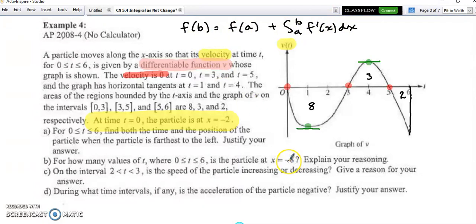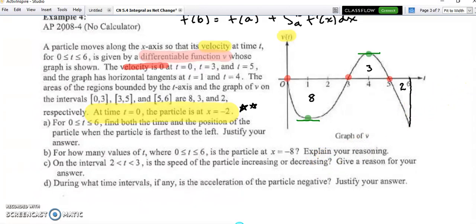We want to use that idea, and they're giving you this so that you use where I am is where I started plus the net change. All right, so let's take a look at the actual question. That was a lot of things in the question that you should read, pay attention to, and highlight before you go on to the actual parts of the question.